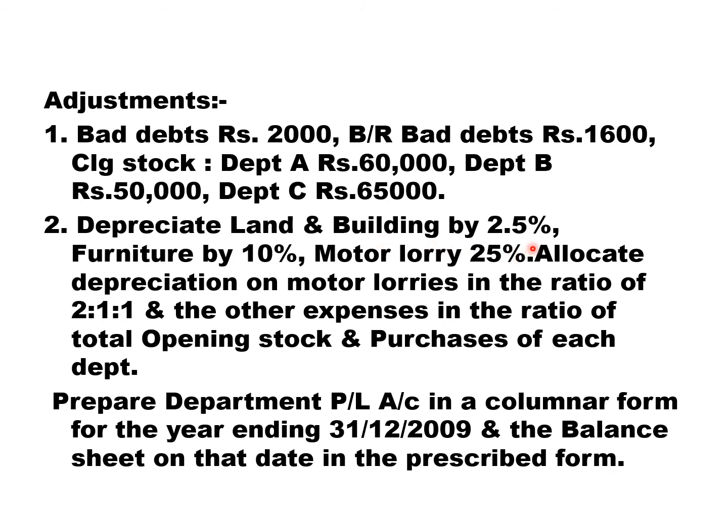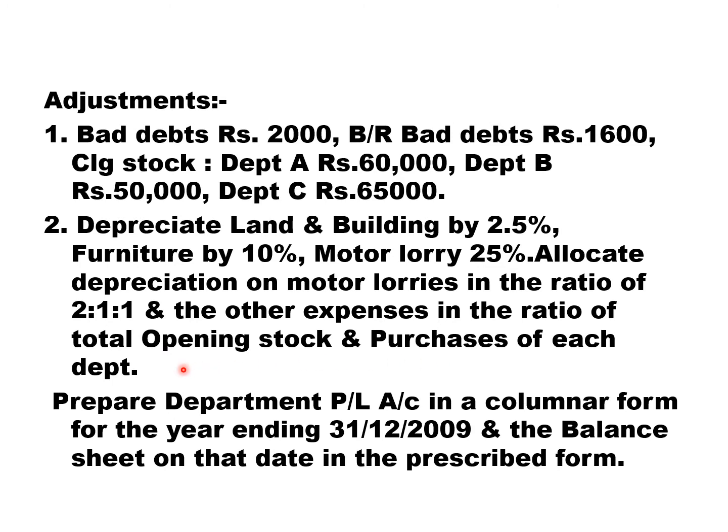Depreciate land and building by 2.5%, furniture by 10%, motor lorry by 25%. So depreciation will come in the P&L account. Allocate, that means distribute, depreciation on motor lorries in the ratio of 2:1:1. Only motor car depreciation should be distributed in 2:1:1, and other expenses in the ratio of total of opening stock and purchases of each department.